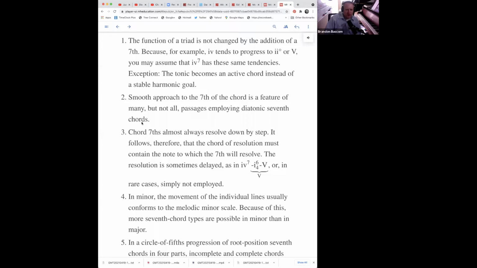All right, number 4. Exercise 15-1, C4. Well, that was fun. What's going on with that one?